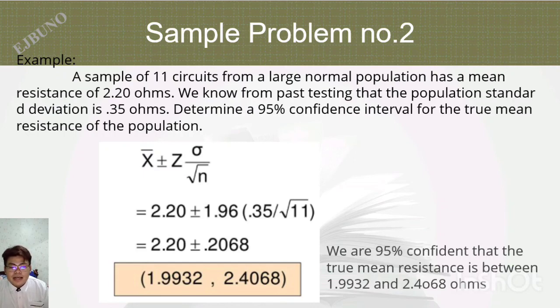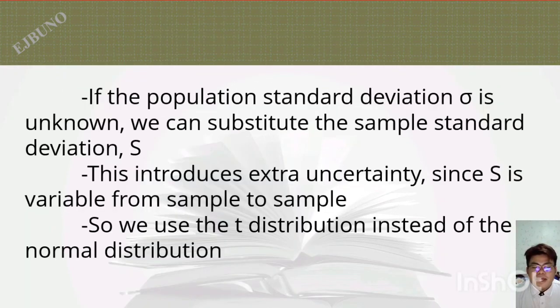So we are 95% confident that the true mean resistance is between 1.9932 and 2.4068 ohms.